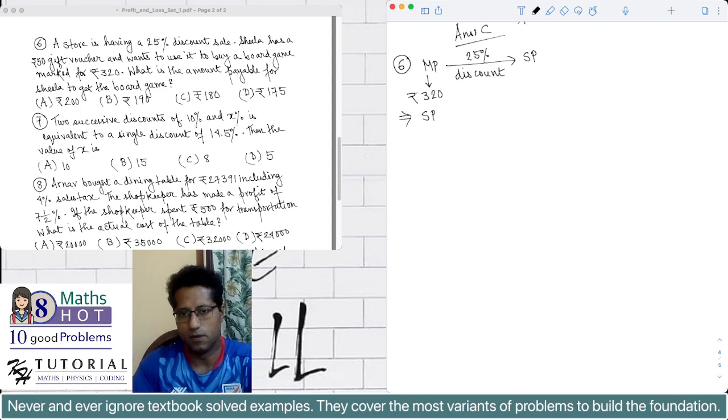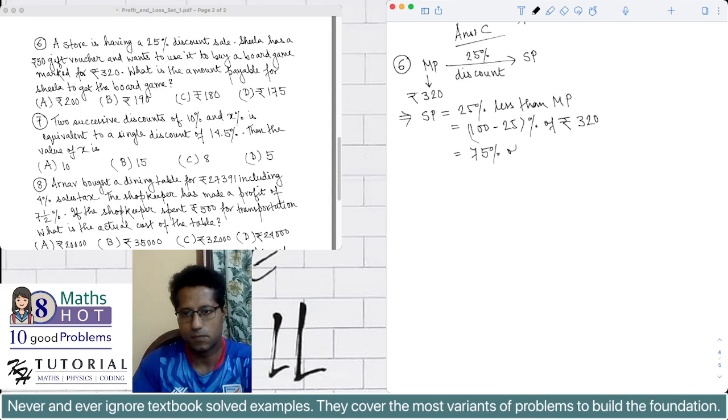SP will be 25% less than the mark price. 25% less means 100 minus 25, which is 75% of the mark price, given to be rupees 320.